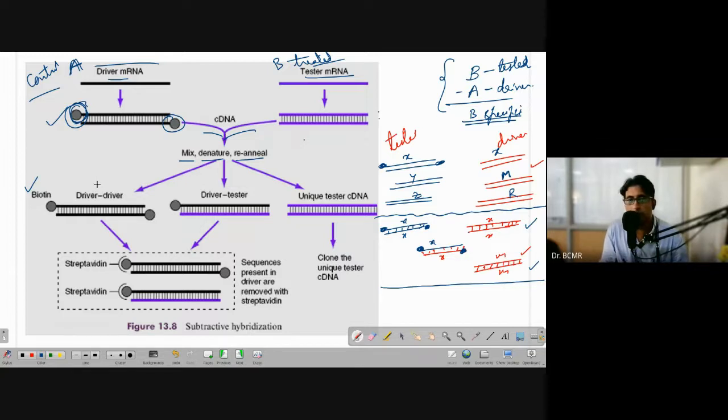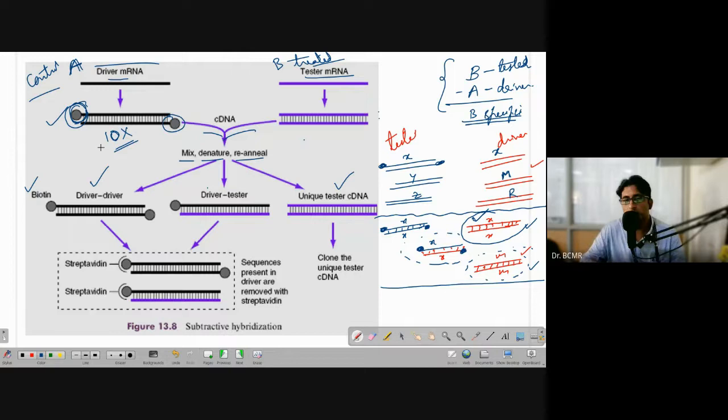These are the three different types of combinations: driver-driver, and driver-tester, like what we have gotten here. And we'd also get unique testers, some of which do not get anything at all. But this is also a possibility. We should somehow be able to eliminate the formation of those. Although it is common in both, there is a possibility of formation like this. So what they usually do is take 10 times more of the driver cDNA.